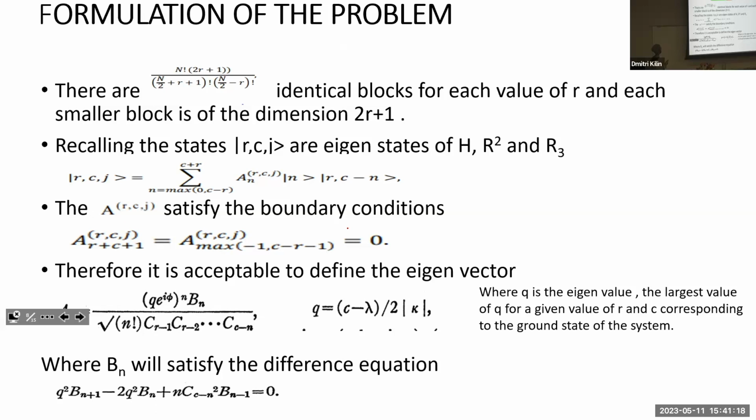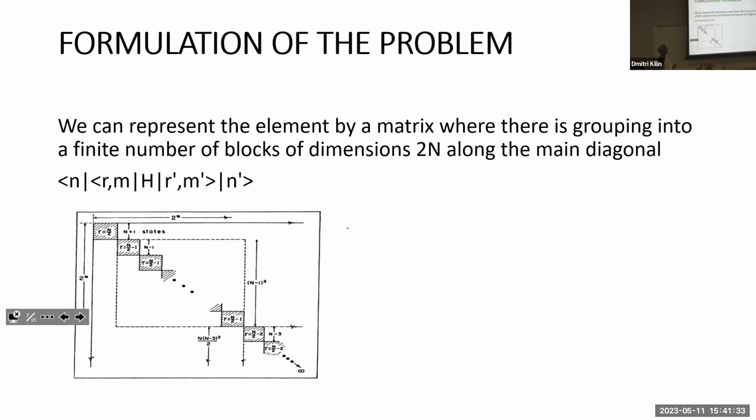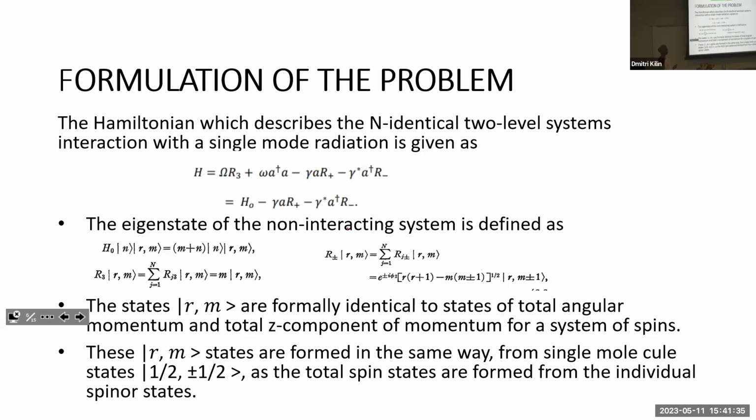Sorry, this is an error. So assuming that we have the states r, c, j as the eigenstate of H squared, R3. Recalling that in the previous slide we already have our eigenstate to be this.